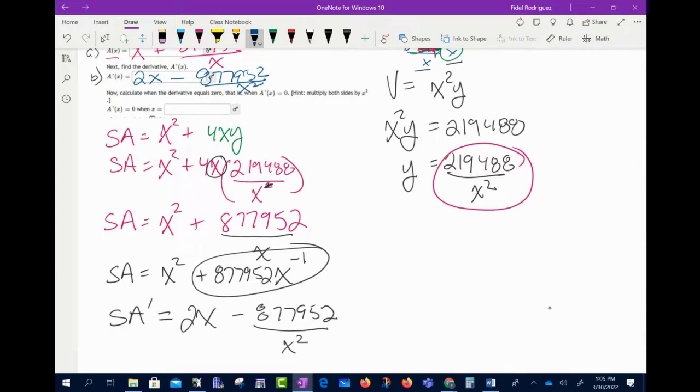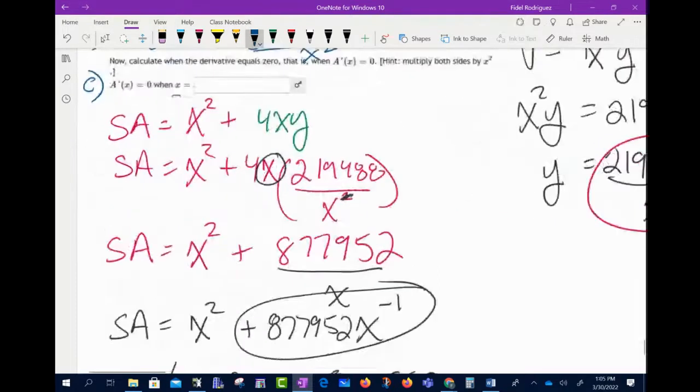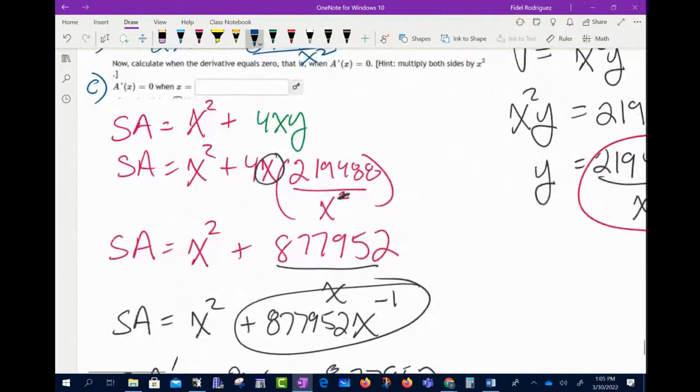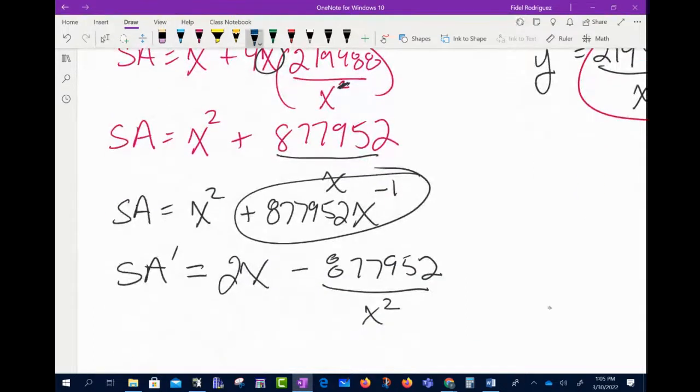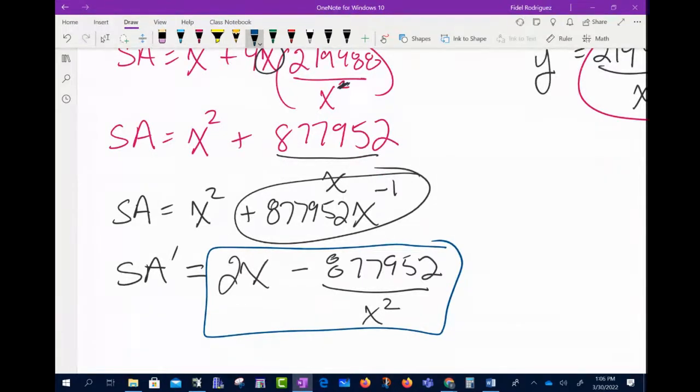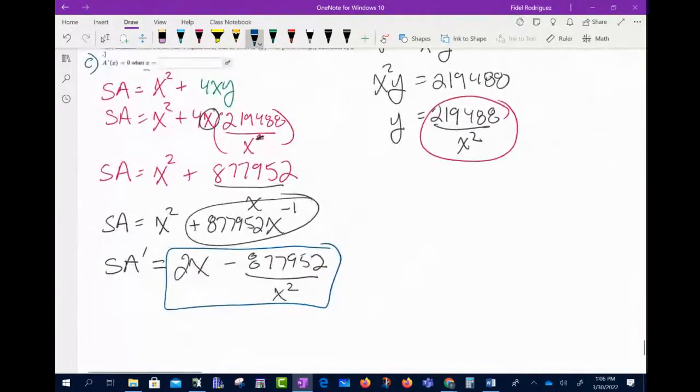All right. Then we have part C. Part C says, now calculate when the derivative is equal to 0. That is when A prime of x is equal to 0. Here was our A prime of x, right? I use SA for surface area, but whatever. We're going to find when that value is equal to 0.